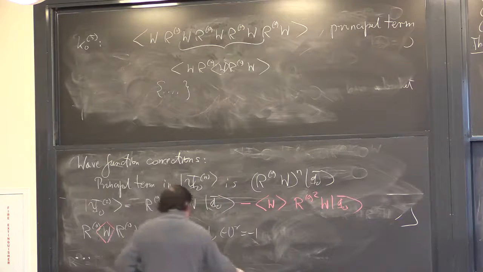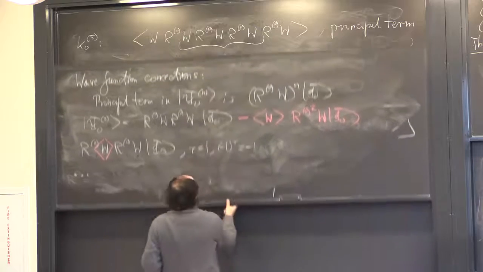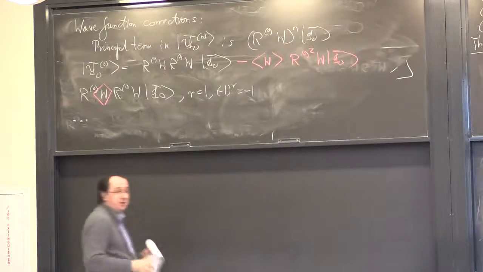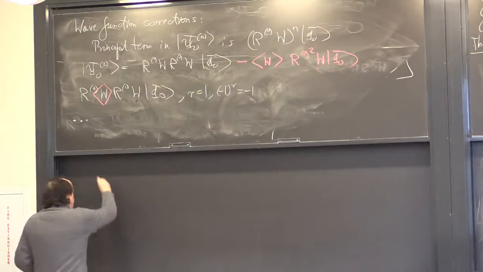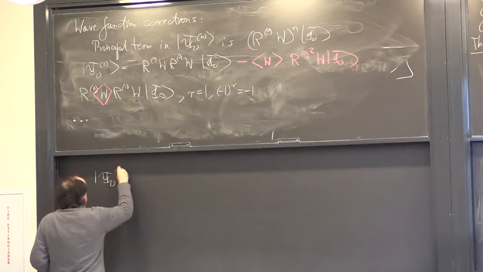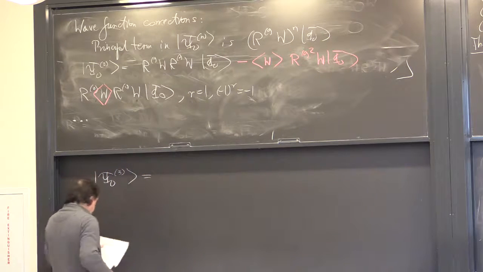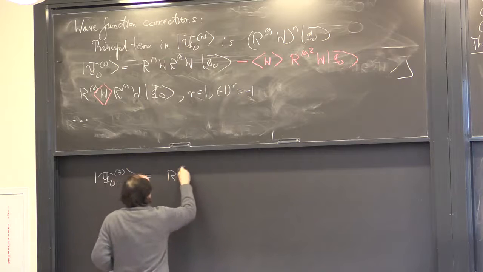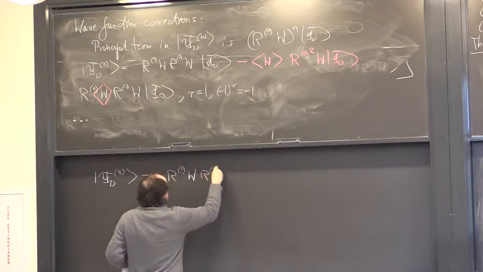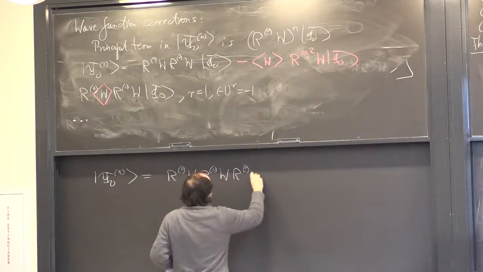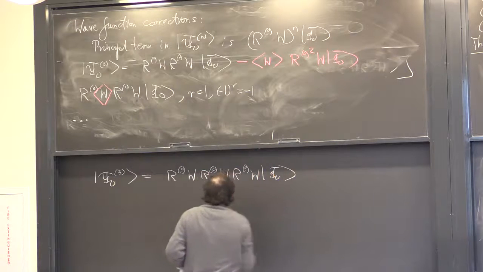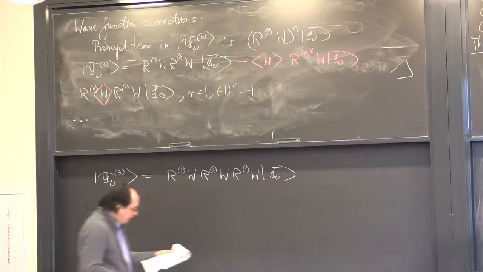So let's look at one more, to get as close as I can to your homework problem. What is the third order? Again, the principal term in it is R0 W R0 W R0 W phi 0. Now we have to figure out all the remaining terms.